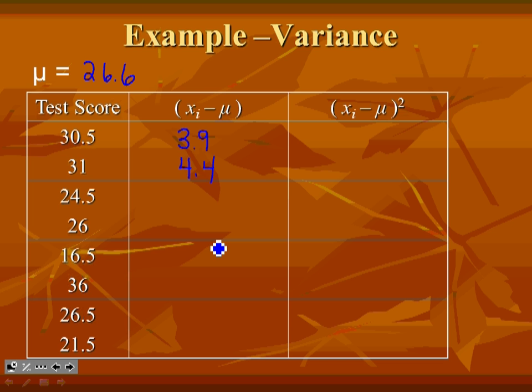Alright, what happens when we take 24.5 minus 26.6? We can certainly have negative numbers in our subtraction column, yes. Alright, take a few moments, finish out your subtraction column.